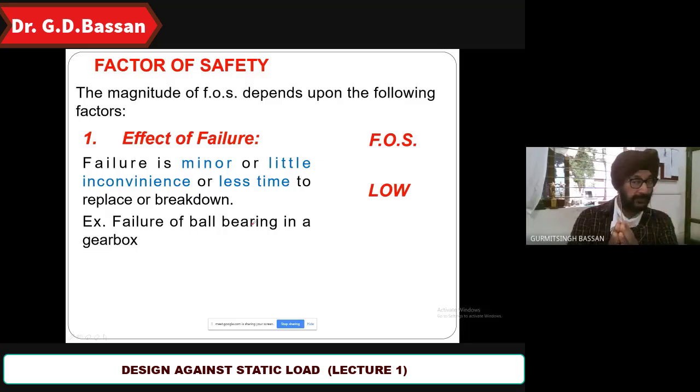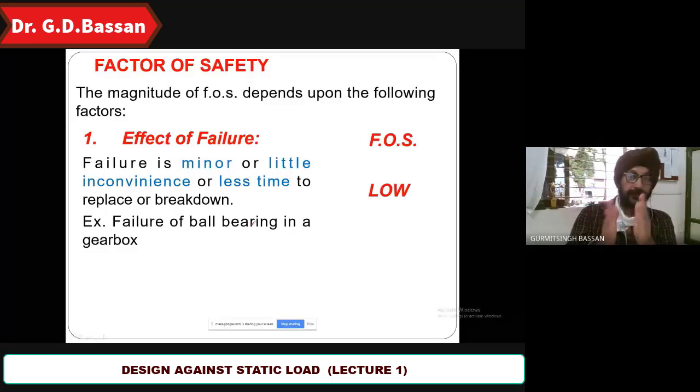It is very easy to replace the ball bearing rather than replacing the gearbox and the other items. So while designing, factor of safety is one of the major criteria. If you take the factor of safety properly, then your design is optimum.